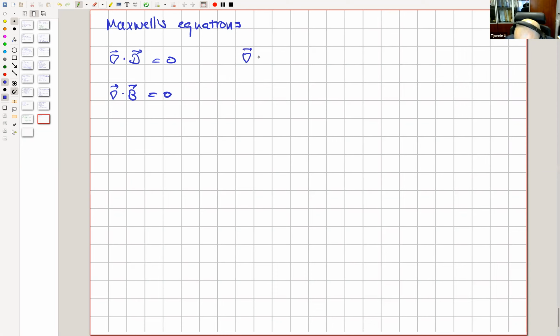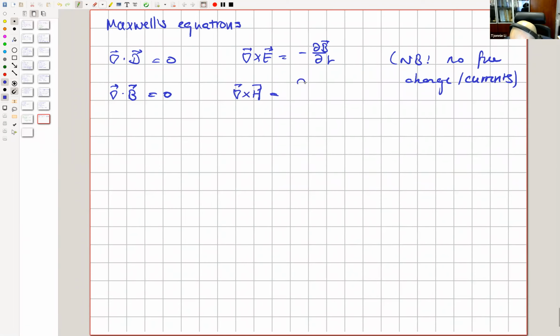The curl of E equals minus partial B. And no free charge occurrence. And finally, we can write the curl of H as partial D. So you'll get this set of equations when you transition into matter. It should be fairly straightforward to show.